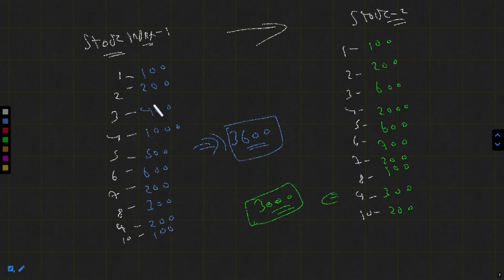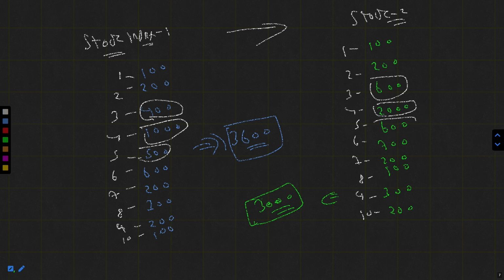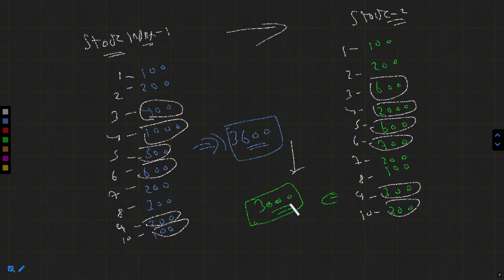So we have seen that the value of some stocks has increased, but the total value has still declined from 3,600 to 3,000.